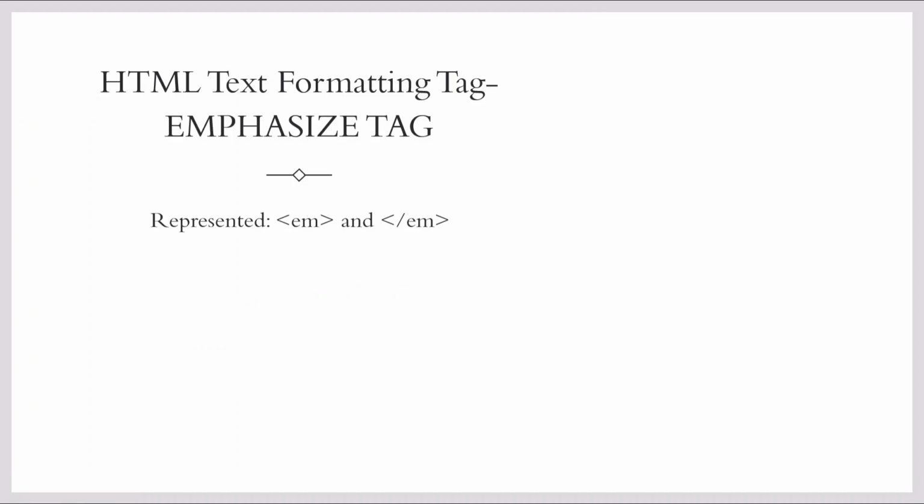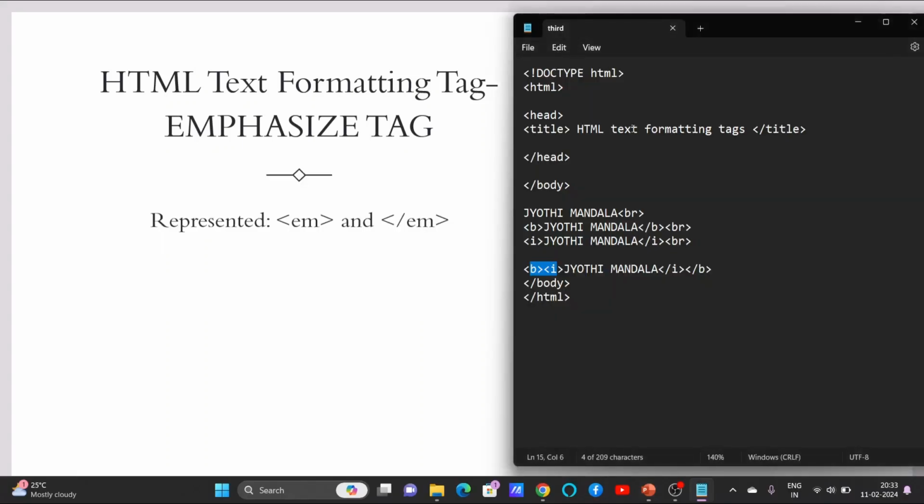Next, let's move on to the emphasize tag, which is represented as EM and /EM tags. The content inside the EM tag is typically displayed in italic. Let's see the example.